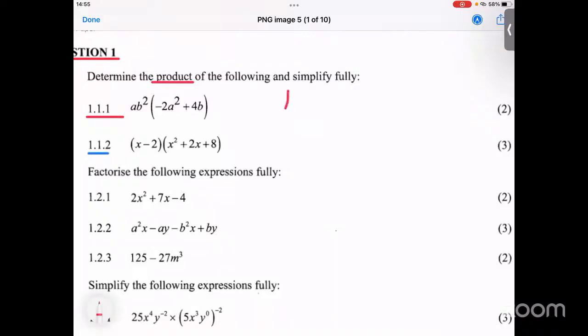We have 125 minus 27m to the 3. I'm not sure if you would agree with me to say 125 is the same as 5 to the 3. And then, minus, what about this?